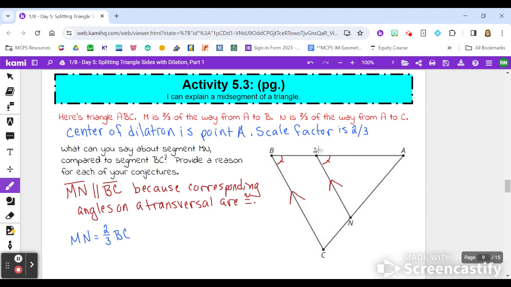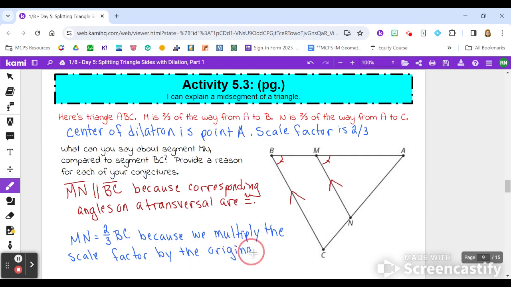Multiply that by 2/3, and that's going to tell me the length of MN. So MN is equal to 2/3 times BC because we multiply the scale factor by the original figure's length.